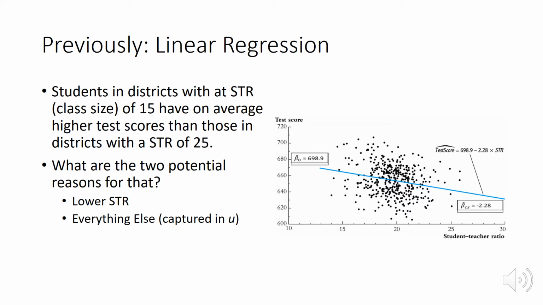But more broadly, we can think of as an everything else term. And is everything else that we're not capturing, remember all we're capturing here is class size and test scores, does that look the same across students or different? And does it look the same for students in class sizes of 15 versus class sizes of 25?